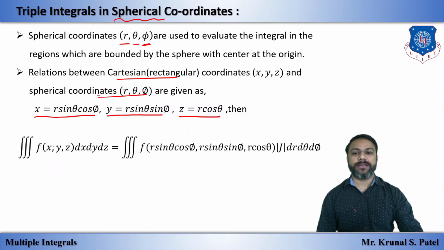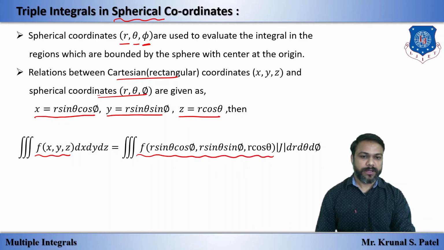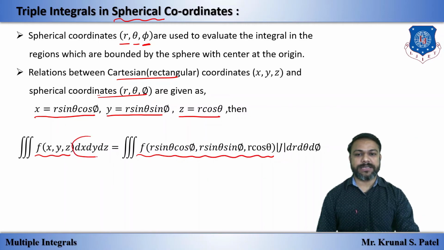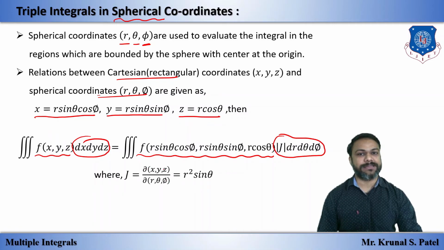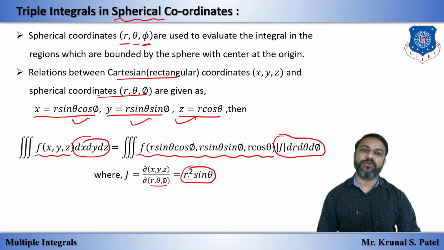So if you put in this equation, this becomes this, and as we have discussed, dx dy dz become J dr d theta d phi. What is J? J is the Jacobian, which is given by del(x, y, z) upon del(r, theta, phi). The value of this, using these three values x, y, z, will be r square sine theta, that you have to remember.